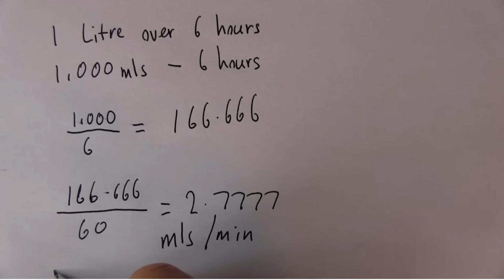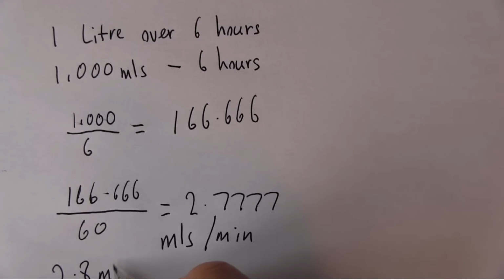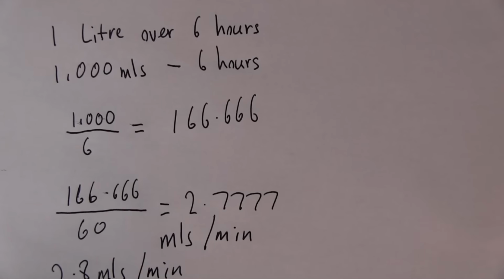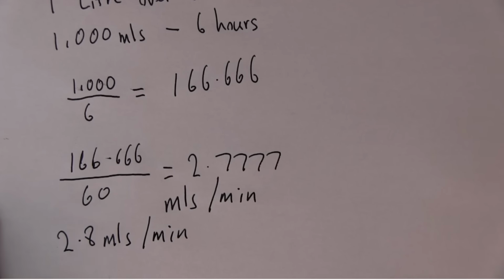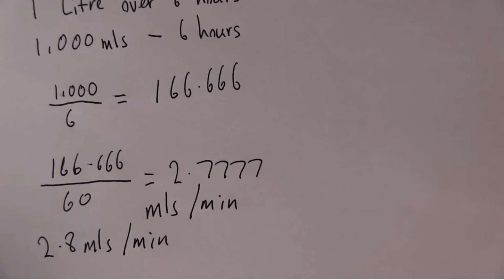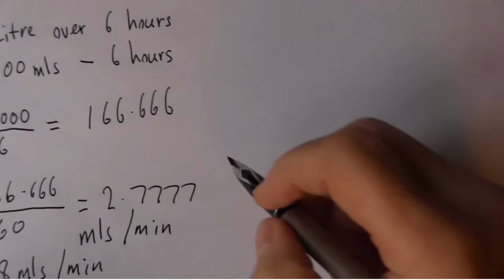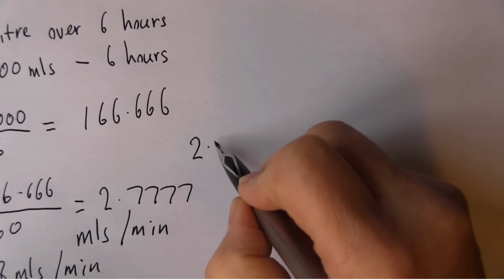In practice that's going to be 2.8, isn't it? 2.8 mils a minute. But if you're a bit concerned about rounding this off, we could always do a calculation to see how far out that takes us. So that would be 2.8 mils per minute.